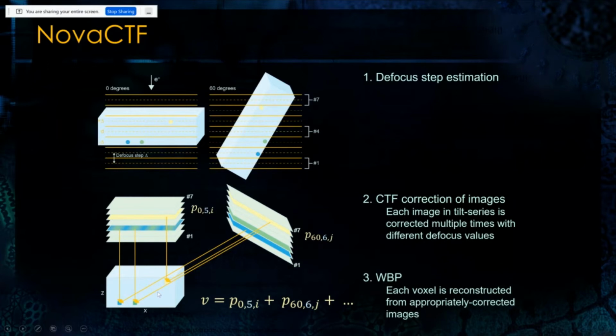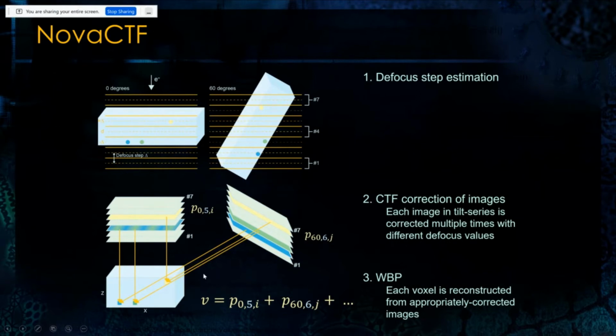As you can see here, for this voxel, we would know this is the index we want from the 0 tilt, and that we should take it from slab number 5. While here we know it should be slab number 6, which corresponds to this position. And that's basically it. That's the only difference.